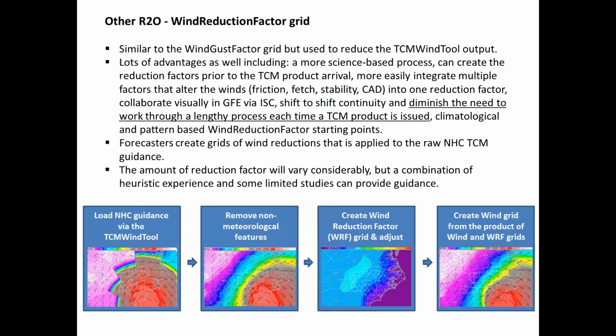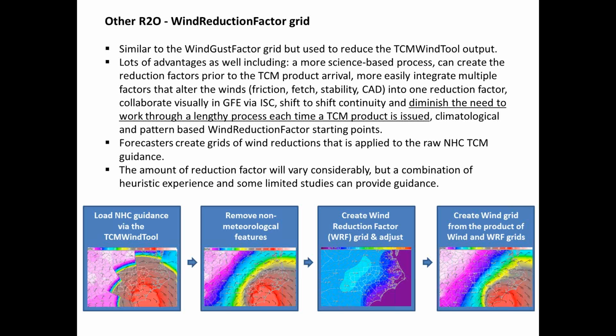So that was one part of our project, and while we were messing with this, we thought we'd try some other things and evaluate some other approaches. Another item we developed was a similar methodology for the wind grids themselves, and what we developed was a wind reduction factor.